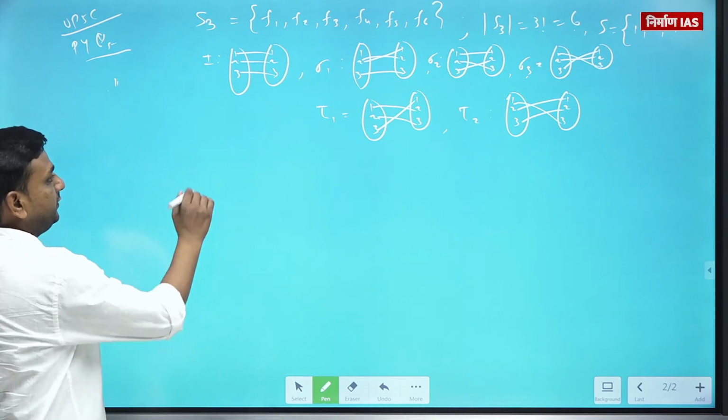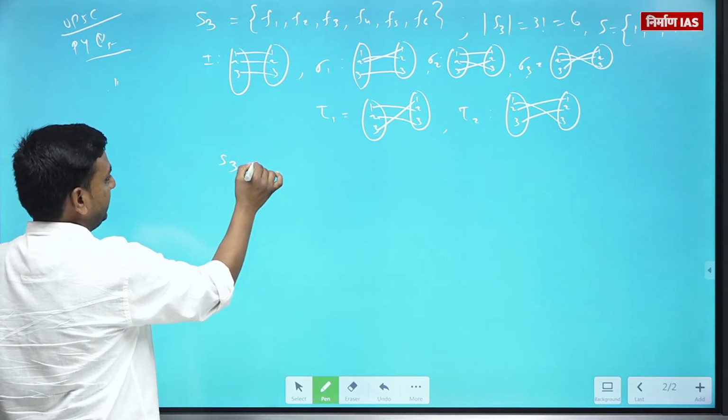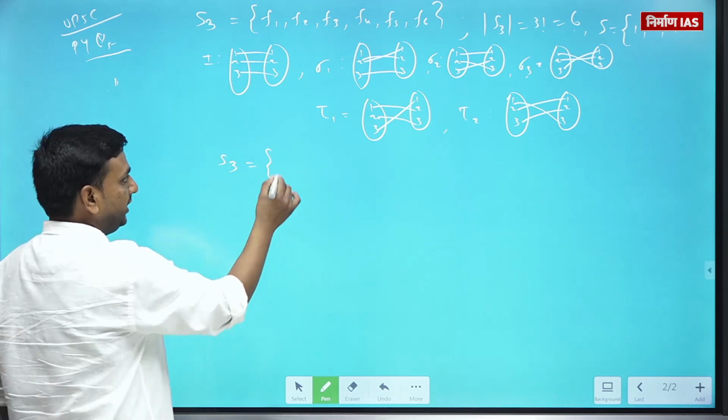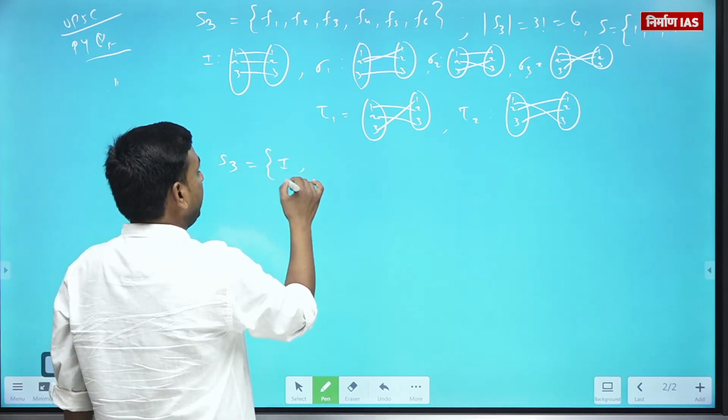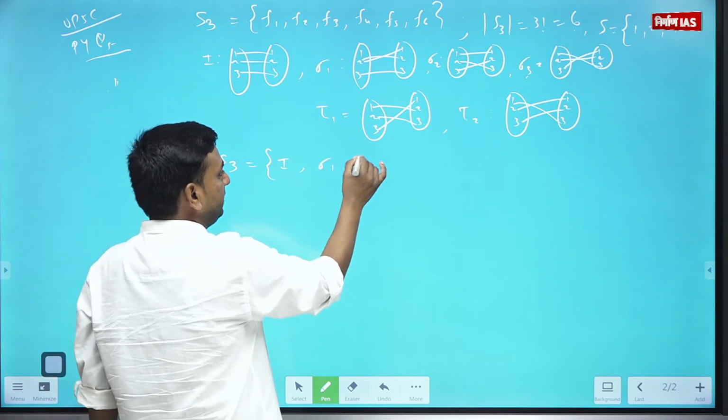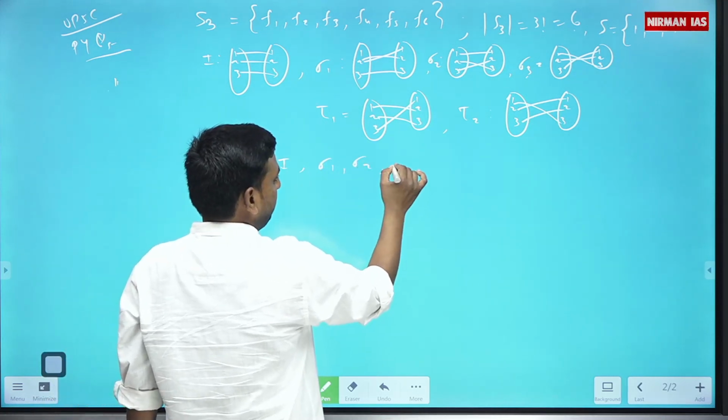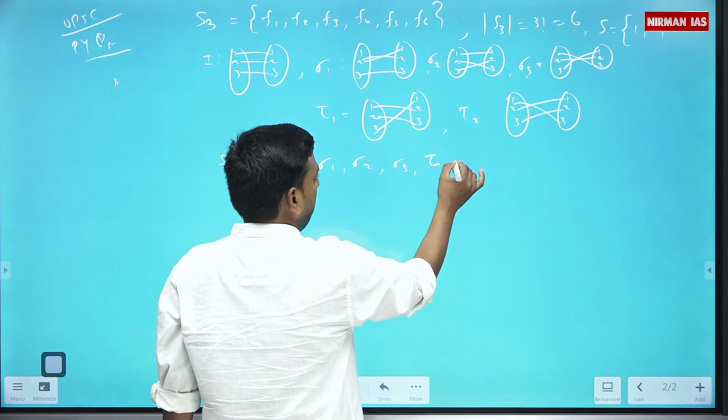And from now onwards, when I say S3, you will understand that I am talking about I1, sigma 1, sigma 2, sigma 3, tau 1, tau 2.